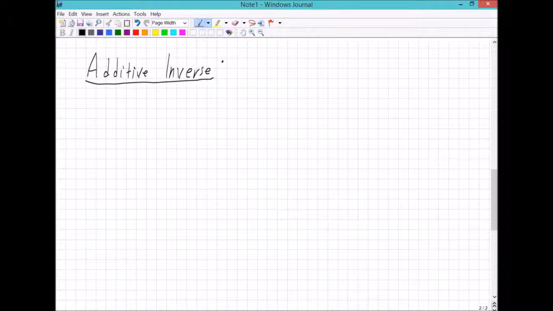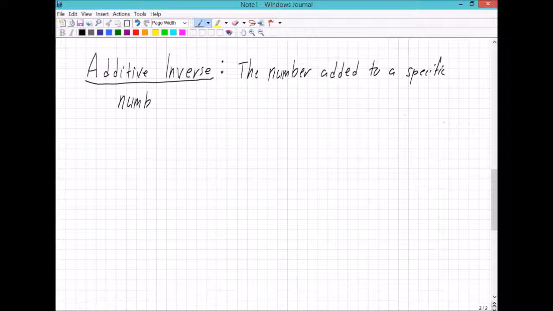Additive inverses are the number added to a specific number that makes the expression equal to 0.